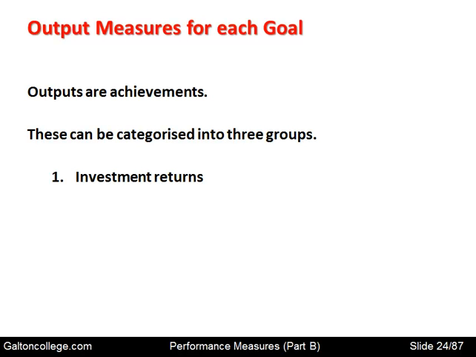For example, investment returns. Well, that's the return on the investments that the company has made. So it's an output. The output of the business yields the return, which is the investment return. But the output could also be related to customer satisfaction, the extent to which the customers are happy with the output of the business.